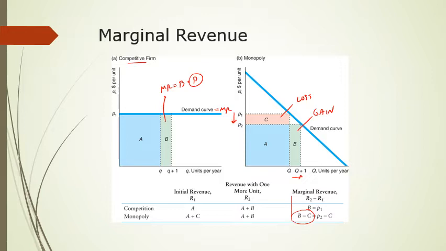If we take a look at the marginal revenue, we balance B and C. So it's B minus C. B is what we gain, the new sale at the lower price. And then the loss is all of the previous sales where we had to drop the price. It's that change in price on previous sales.